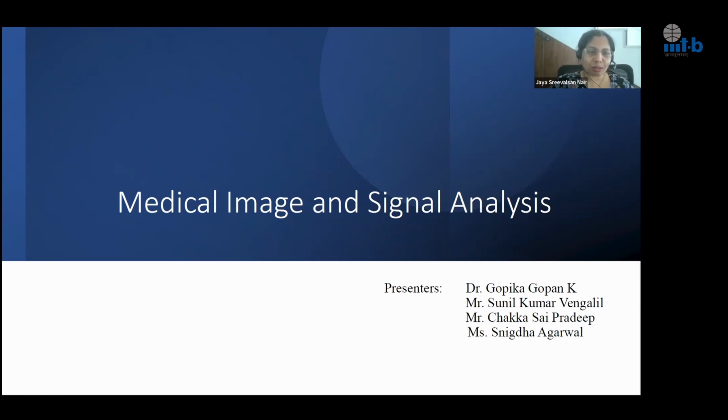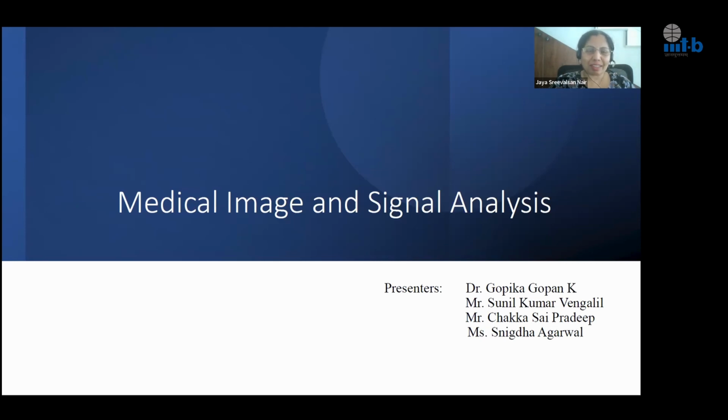Today the talk will cover one-dimensional, two-dimensional, up to 3 and 4-dimensional data, and each speaker will speak about their work on each of these data sets. The talk is titled Medical Image and Signal Analysis, and it is given by 3 PhD students and 1 postdoctoral researcher from the lab of Professor Neelam Sinha.